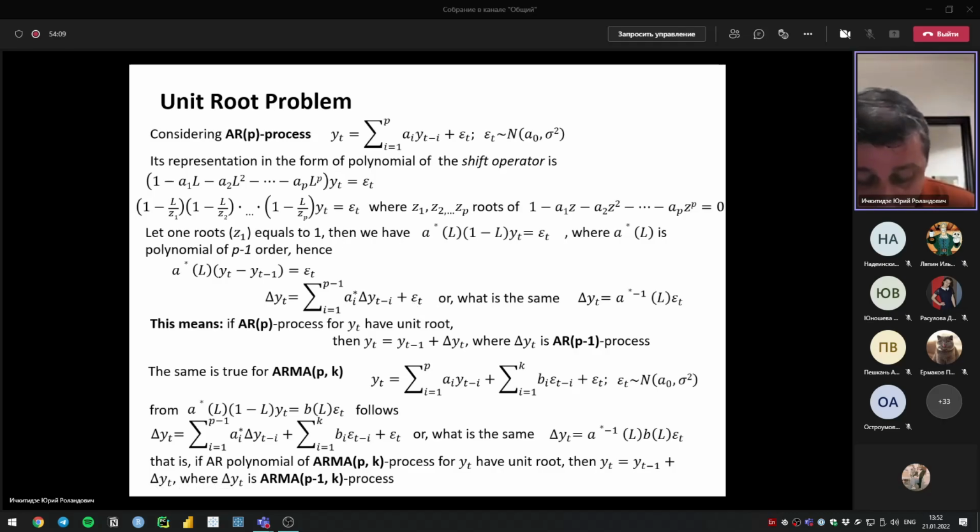That is the result. If the AR(p) process for yt has a unit root, then the process itself is formed as yt equals yt minus 1 plus delta y, where delta y is an autoregressive process of order p minus 1.